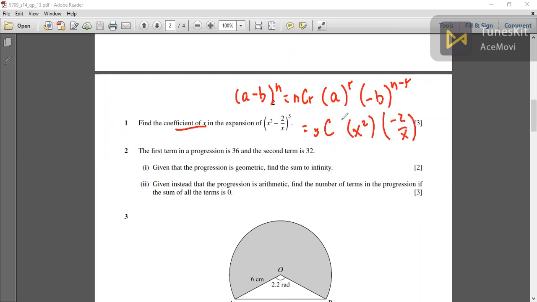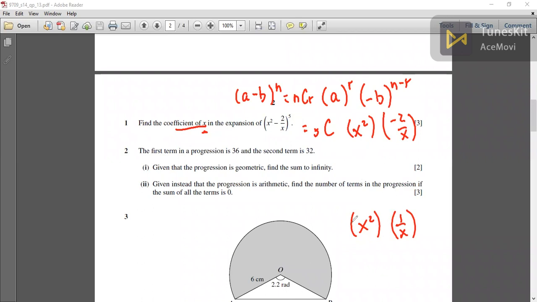Now we can see that we have to fill the powers so that we can get the coefficient of x. If we see this x squared, and then we have 1 over x, let us put here x squared and 1 over x. How do we make the combination so we can get the coefficient of x?